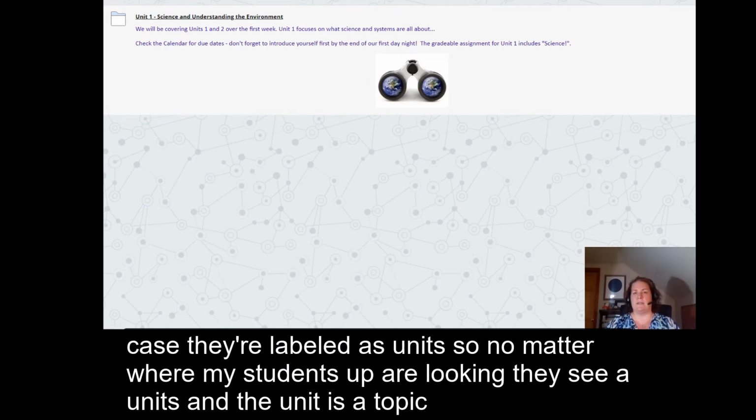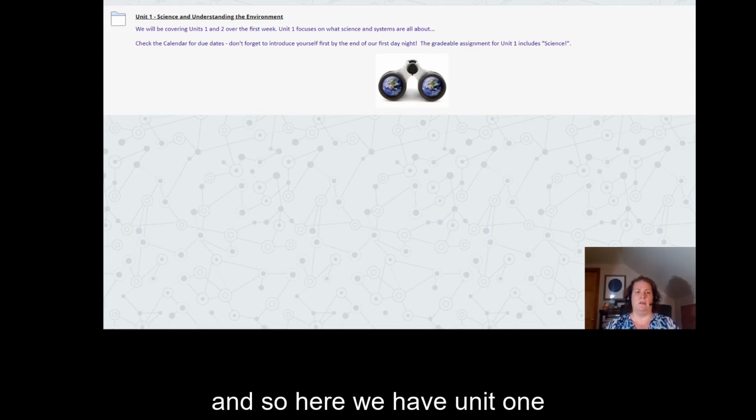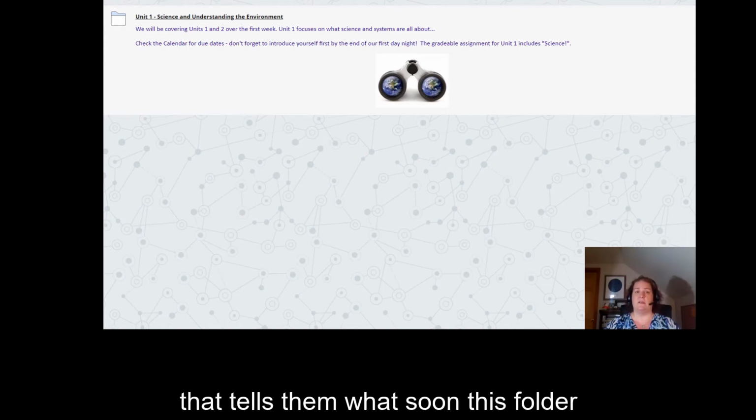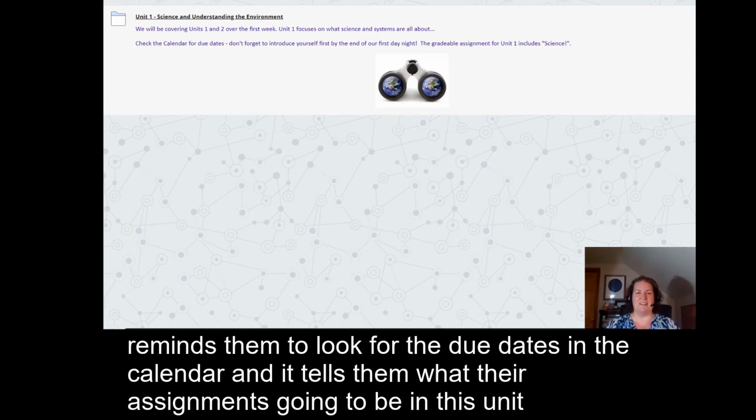So in this case, they are labeled as units. No matter where my students are looking, they see a unit, and the unit is a topic. And so here we have Unit 1. It's Science and Understanding the Environment. It tells them what's in this folder, reminds them to look for the due dates in the calendar, and tells them what their assignment is going to be in this unit.